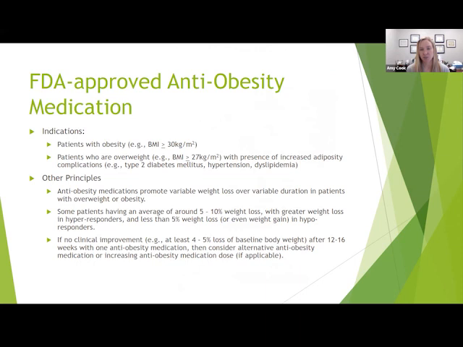The indications are people who would qualify for anti-obesity medications are people with obesity, so a BMI of 30 or greater, or people who are overweight with a comorbidity, so a BMI of 27 or above. And then a comorbidity that we mentioned earlier, so diabetes, high blood pressure, high cholesterol, those types of things would be qualifying too.